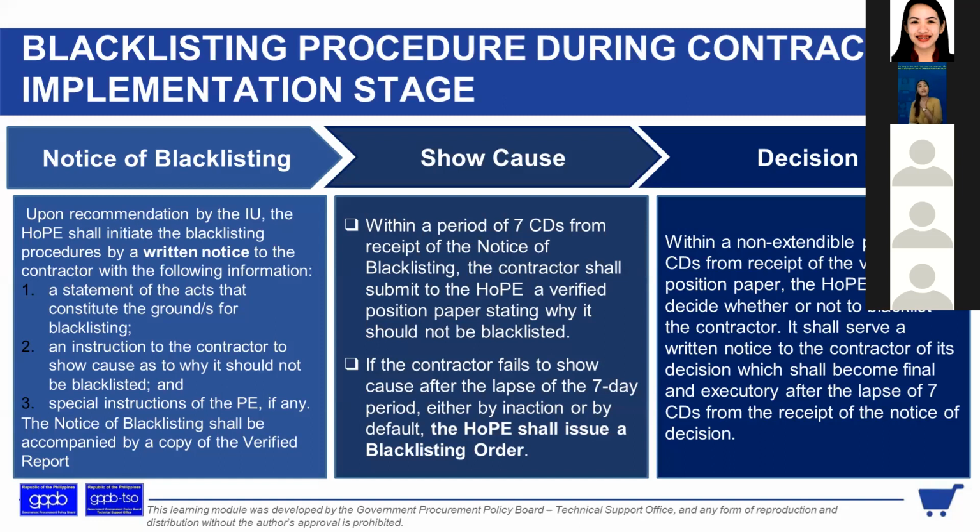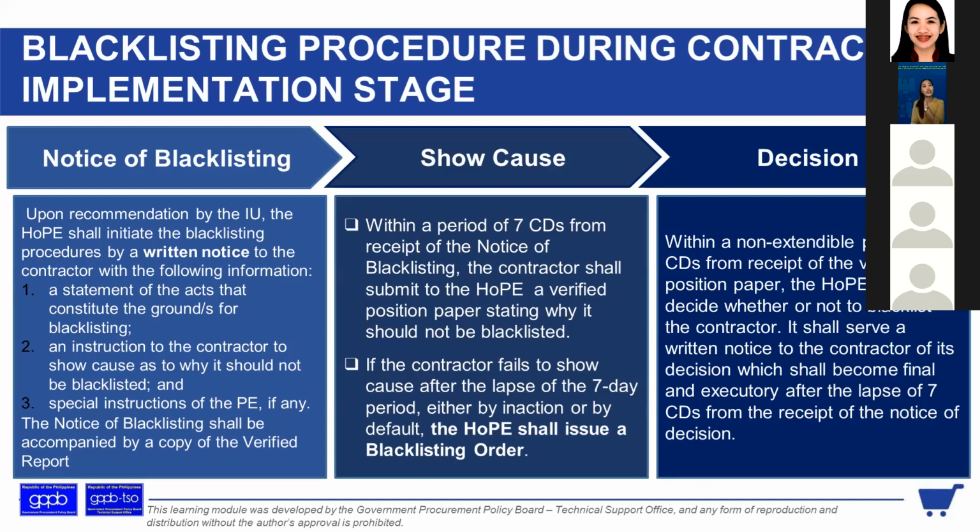Since it is a verified position paper, the contractor should be able to answer the facts and allegations against him. And in stating why he should not be blacklisted, he should cite the laws as his defense. Why can he not be blacklisted on those grounds?